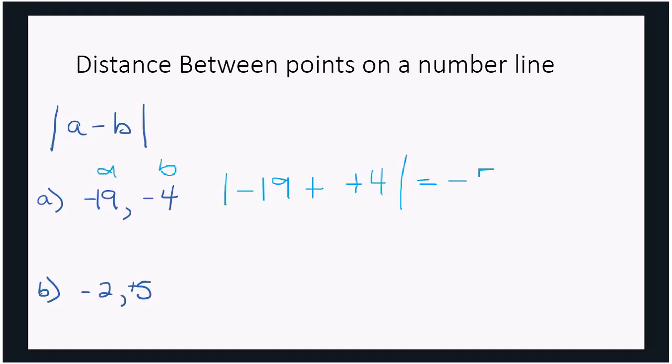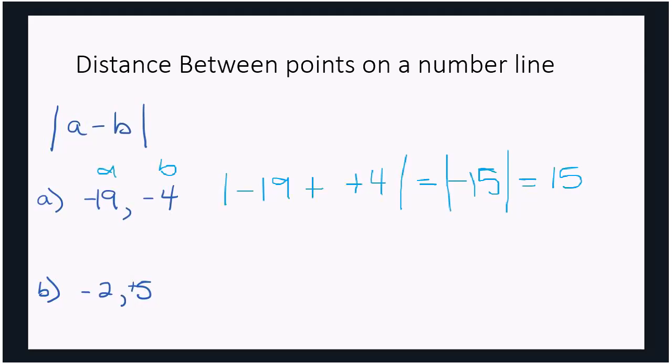Oh, what am I doing here? -15. Yes, sorry. Mind hiccup there for a second. There we go. So for that one, I have -15 inside the bars, and then my absolute value is just going to be +15.